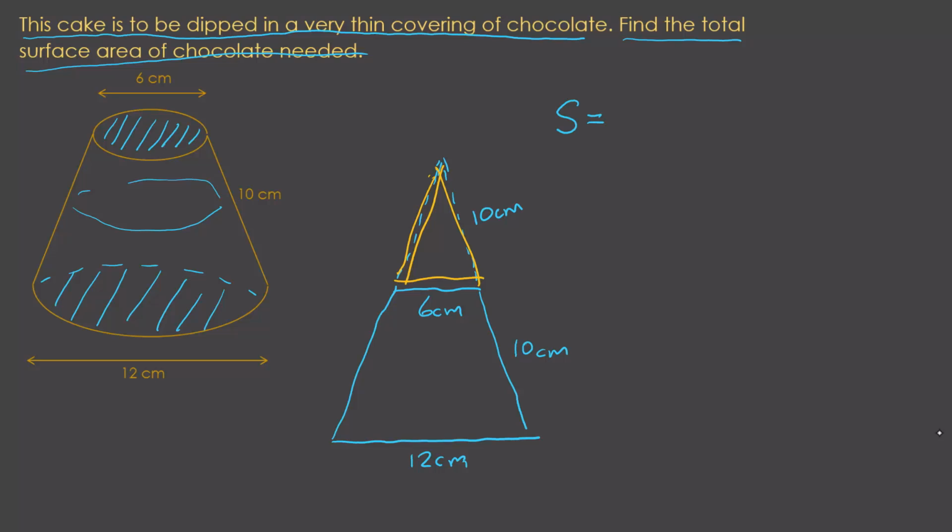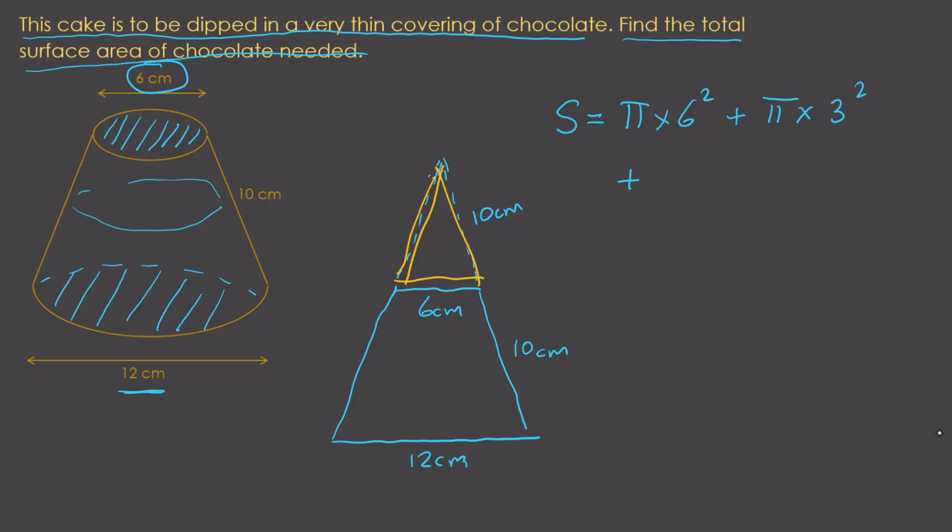We've got the big circle at the bottom. The diameter is 12, which means the radius is 6. So that is going to be pi times 6 squared. Here we've got a diameter of 6, which means the radius is 3. So that is going to be pi times 3 squared.